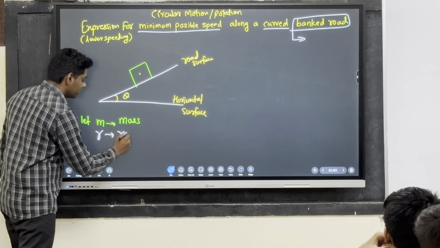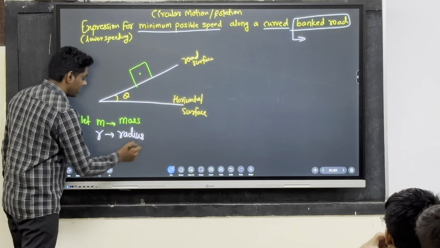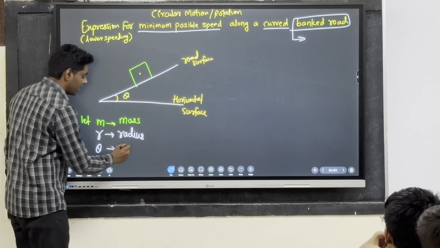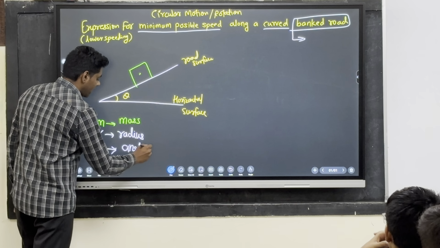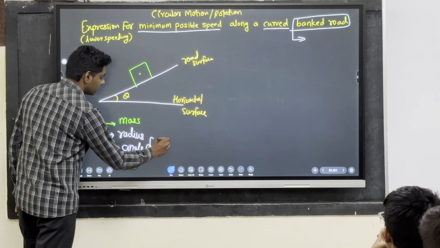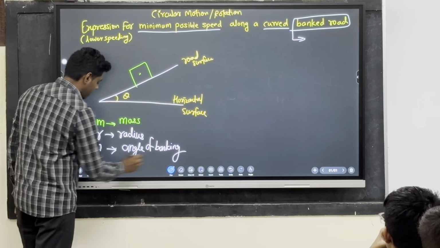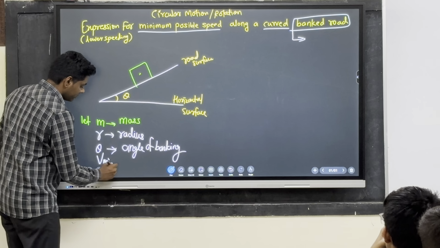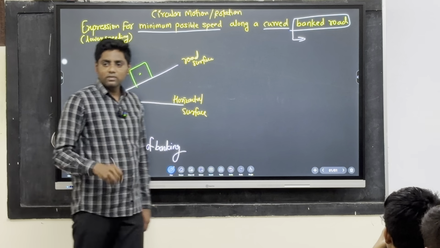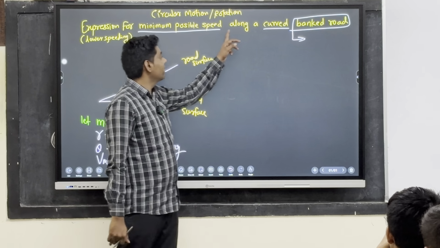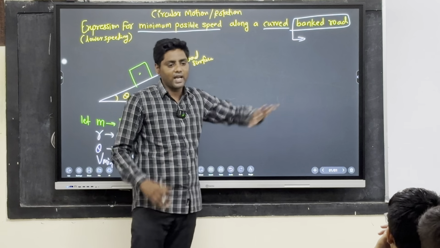Radius of curvature. After that, theta. Theta means angle of banking. And last one, V minimum. What about the V minimum? That is the minimum speed whenever the vehicle is along the curve bank road.